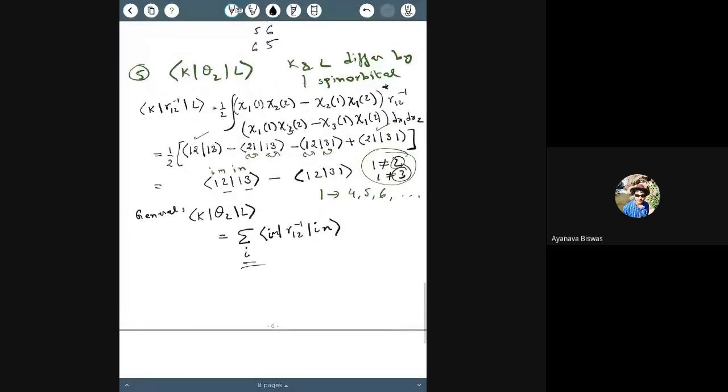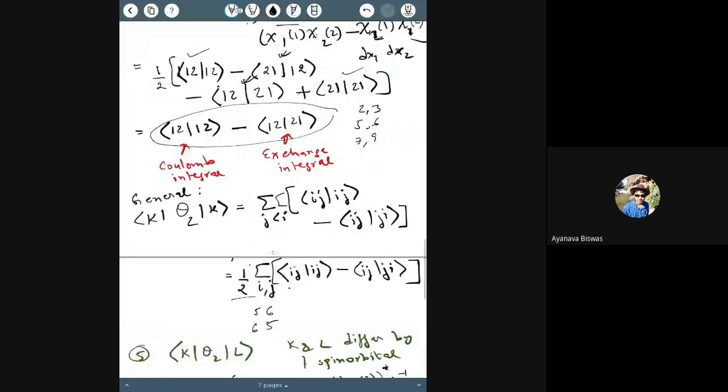So here, how did we generalize? So we had 1, 2, 1, 2, 1, 2, 2, 1, and 1 and 2 can be any two electrons. Okay, so in my total Hamiltonian, when I have a sum over all unique pairs, then my matrix element is also over all unique pairs.